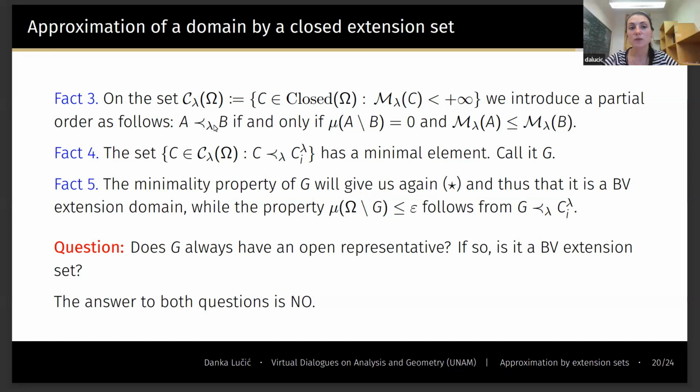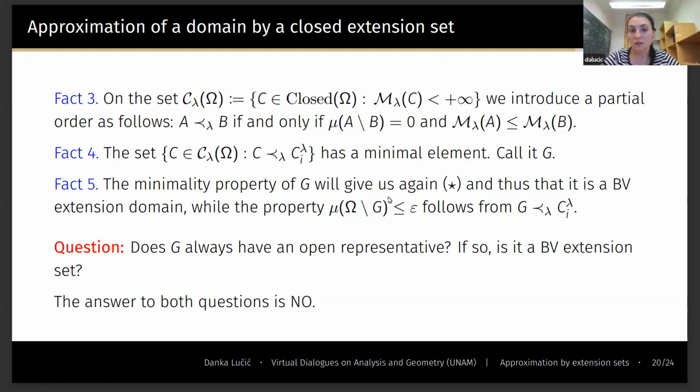We say that A precedes B if and only if the measure of the difference is 0 and the functional computed at A is less than or equal to the functional computed at B. What we can show now, when we take our good element of the minimizing sequence and all the closed subsets in which the functional is finite which are smaller with respect to this order than our C lambda i, is that this set, by using Zorn's lemma, has a minimal element. And we call this element G.